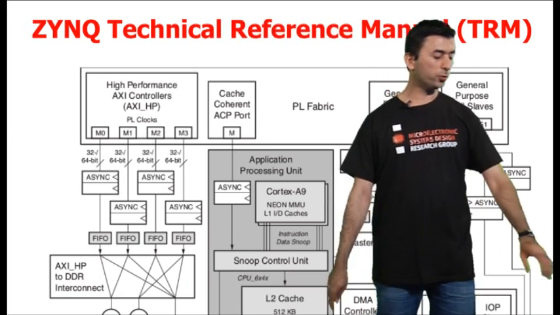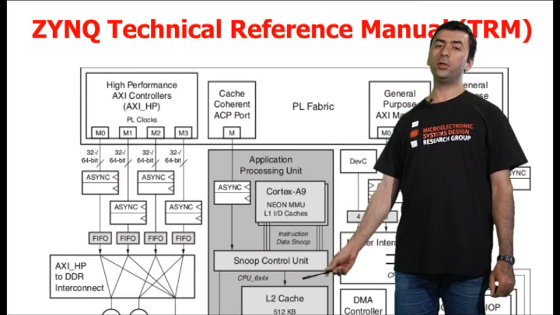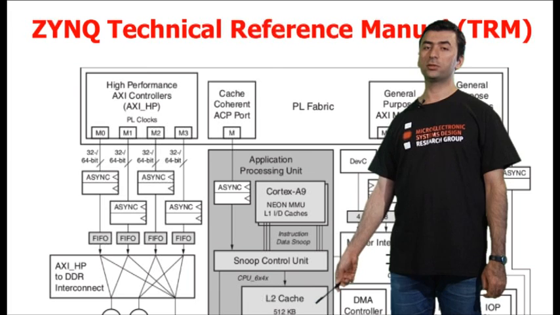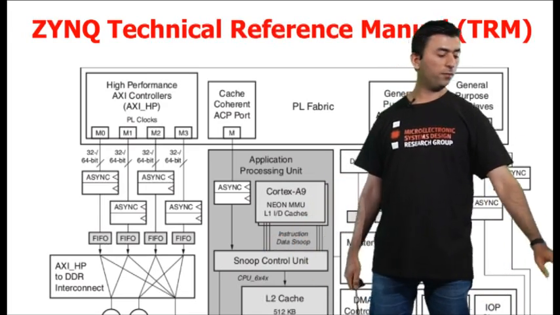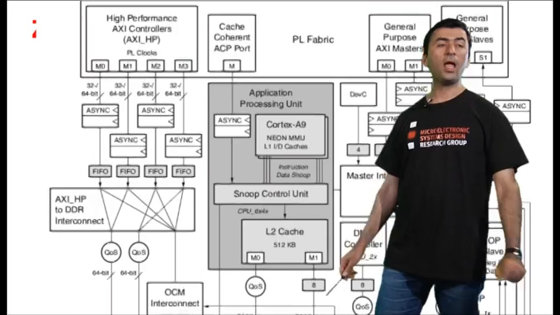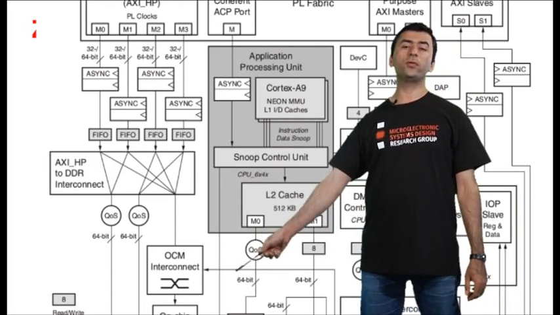The Snoop control unit, as you can see, has two ports. One port is going to the level 2 shared cache of the ARM hosts. And then another port, if we follow, we can see that it will go to the OCM memory.